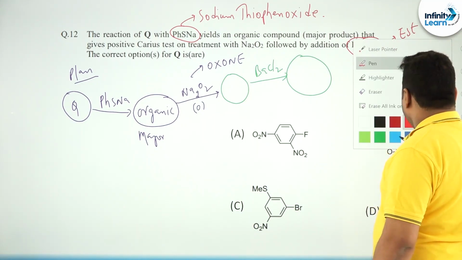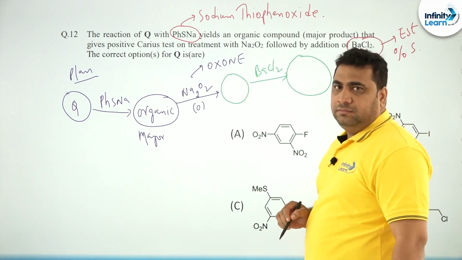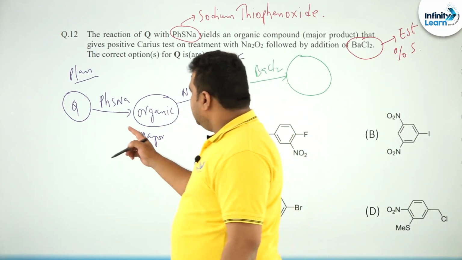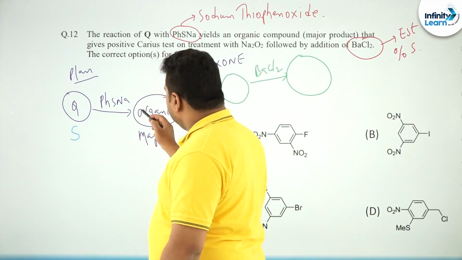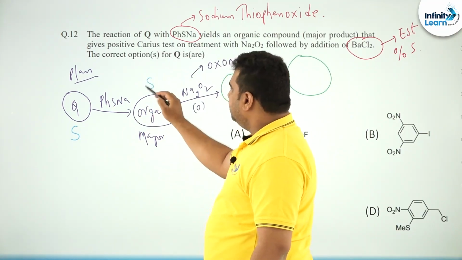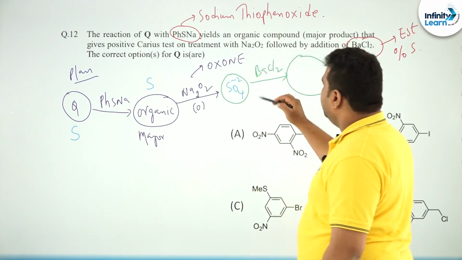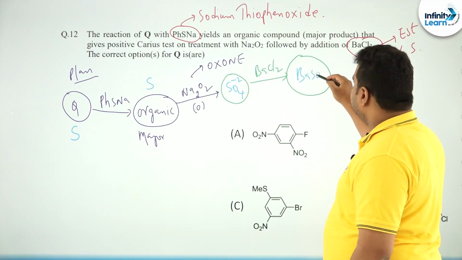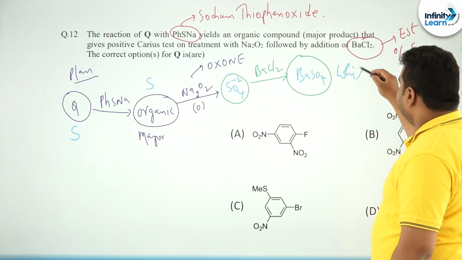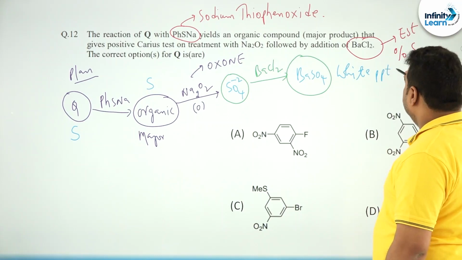Are you following? That means you are talking here about sulfur. That means this organic compound must have sulfur, which on oxidation became sulfate, and that sulfate reacts with barium and becomes what? Barium sulfate, which is a white precipitate, PPT.